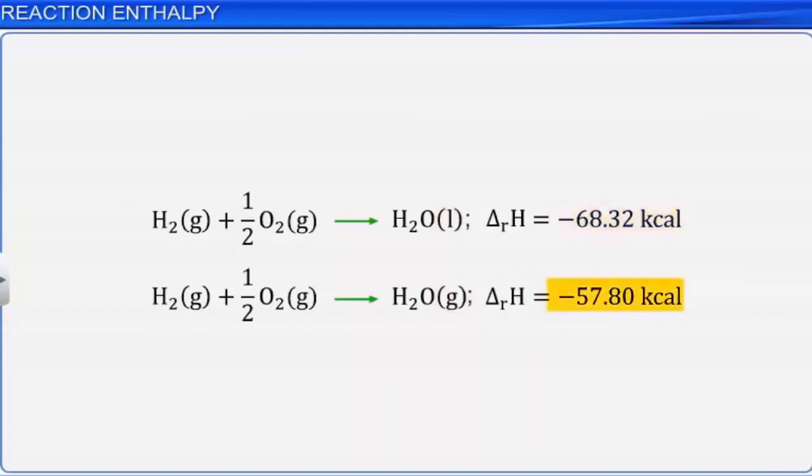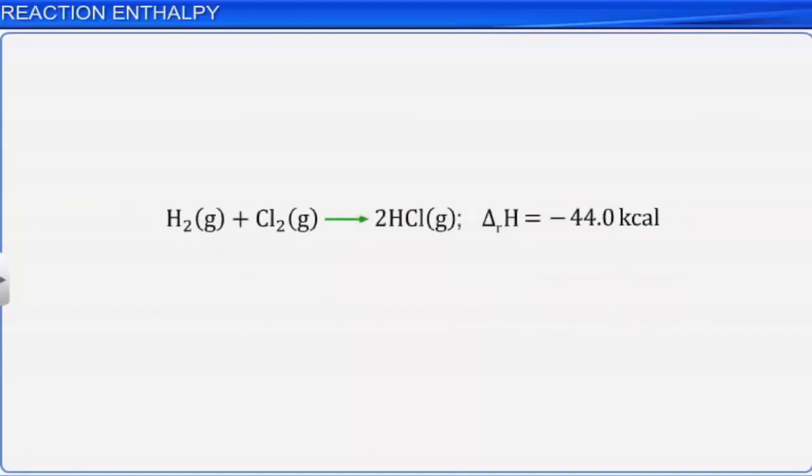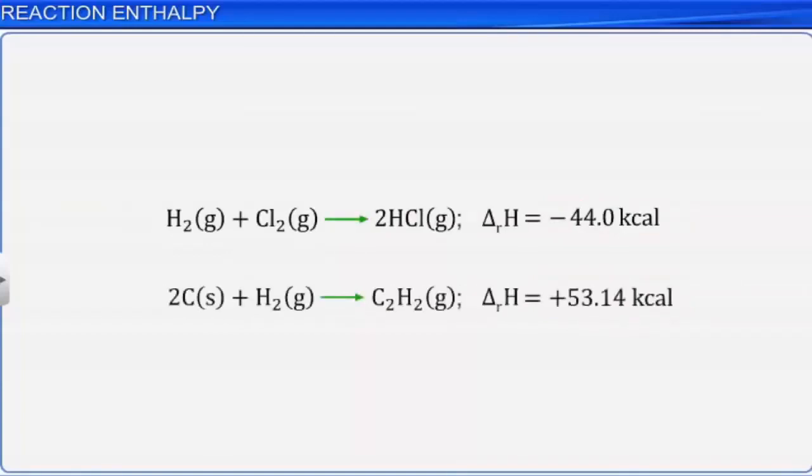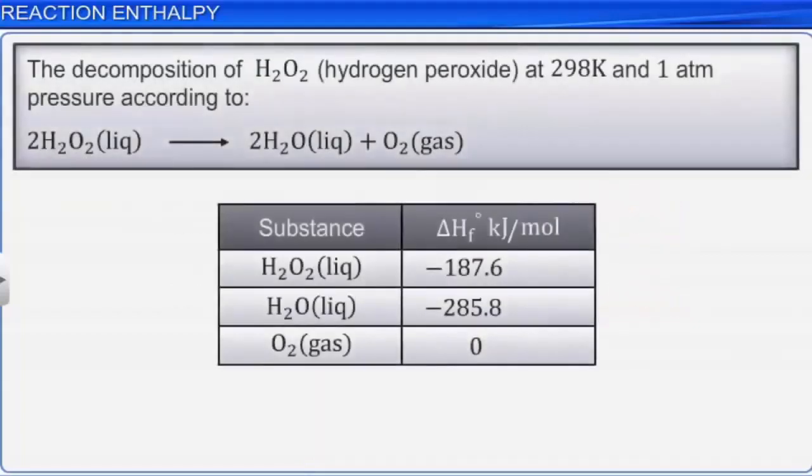To overcome this problem, the values of ΔH for different reactions are expressed at their standard state conditions. The standard enthalpy of a reaction is the enthalpy change accompanying the reaction when all the reactants and products are taken in their standard states.